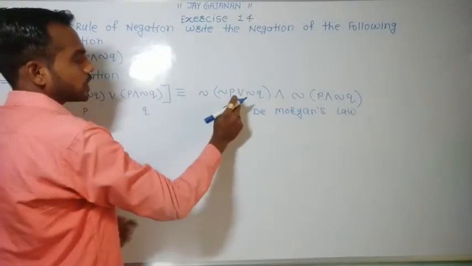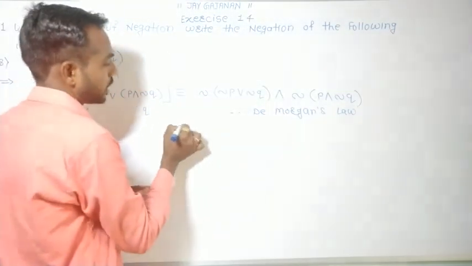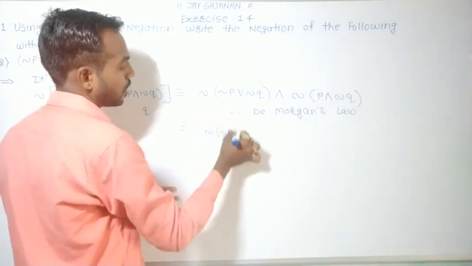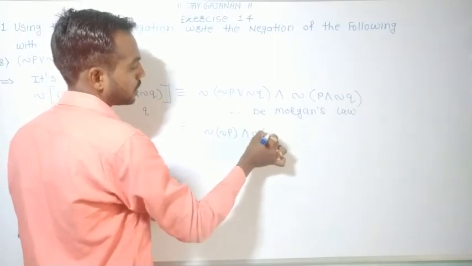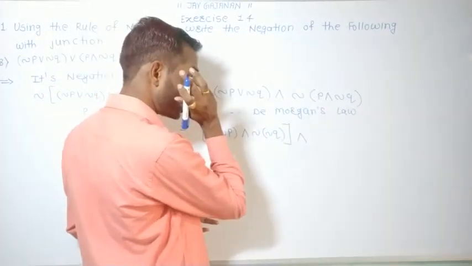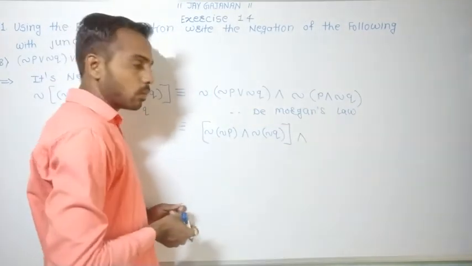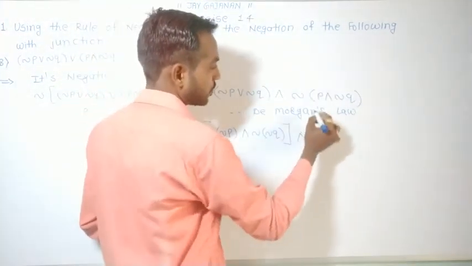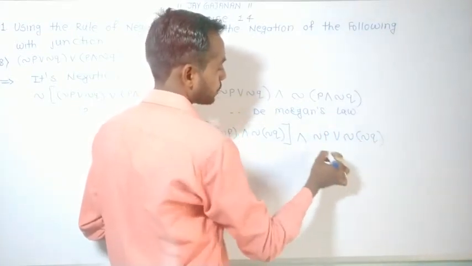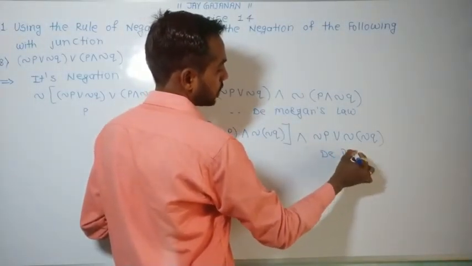Now here, negation of a disjunction means negation of negation P replaced by and negation of negation Q, and similarly here, applying negation of conjunction, or in other words applying De Morgan's law, negation of P means negation P and replaced by or negation of negation Q. In simple language, by using De Morgan's law.